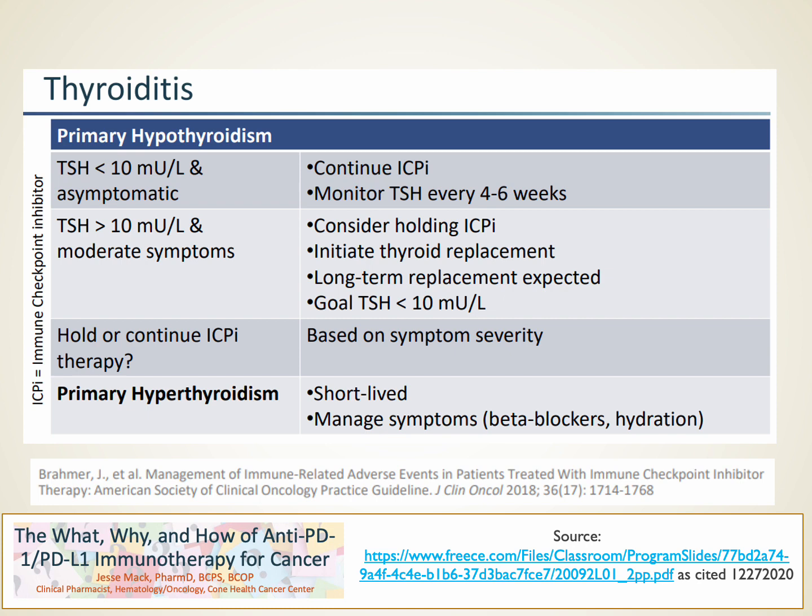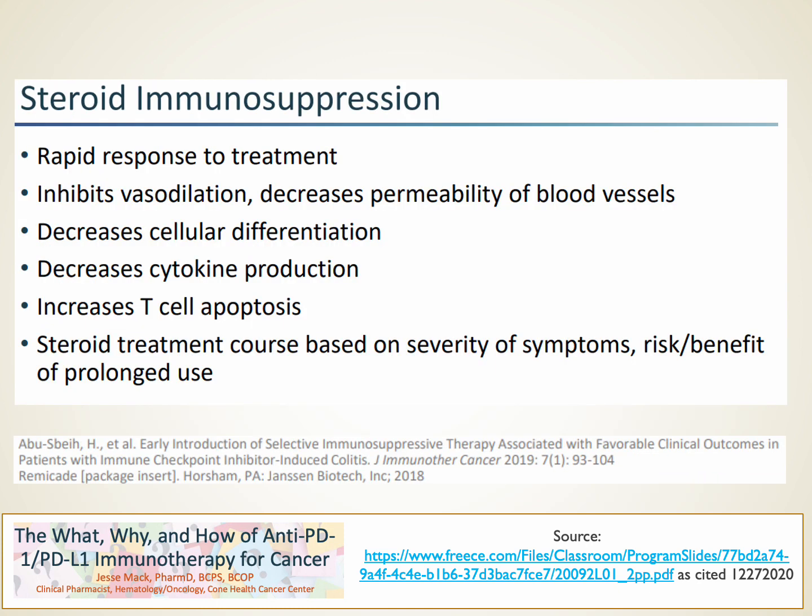But if you have a patient on one of these agents for whom you're managing their thyroid status, you need to be aware they're on these agents and that you want to coordinate that with the oncologist for adjusting or managing their thyroid status. And then the issue of whether you use corticosteroid immunosuppression, there's some risks associated with that. So those are some of the things that are considered here.